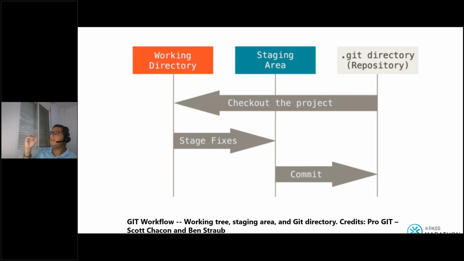In this way, Git is telling you, okay, you have changed a list of files, and now you have decided that this list of files needs to be moved to a staging area. Imagine that you are in a room, you have changed something in the room, but you have decided, okay, I have this specific thing and I need to move it to a specific corner. And this corner is a staging area.